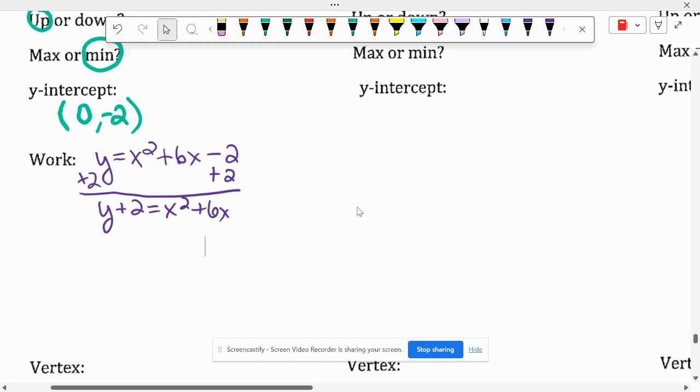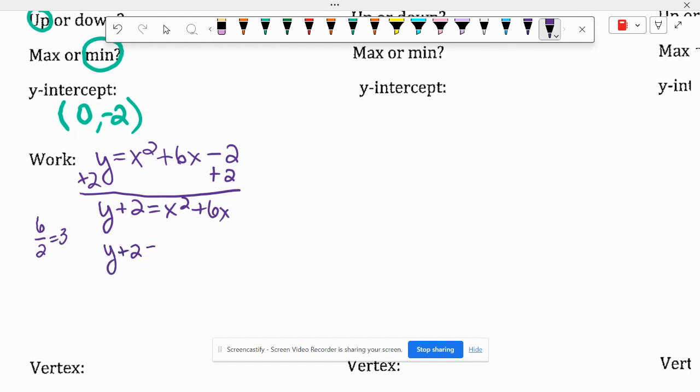Now I have to do the next step, which says take half of b. What is half of b? It's 3. 6 divided by 2 equals 3. So now I have y plus 2 equals x plus 3, the quantity squared. But when I square the 3, what does it turn into? 3 squared is 9.